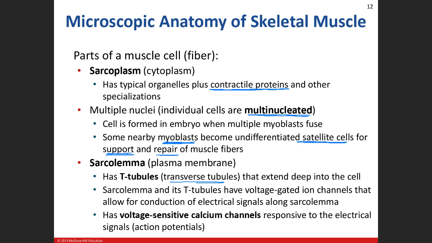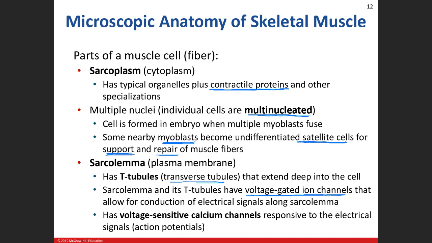Now, along your sarcolemma and along the T-tubules, we have voltage-gated ion channels. We've seen voltage-gated ion channels extensively in the neurons. You thought you could get away from them, you can't.